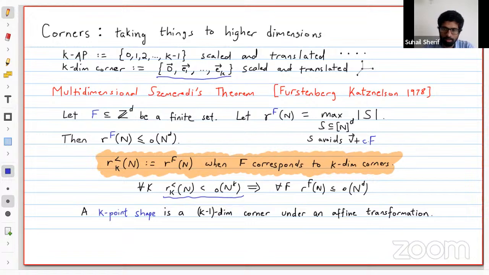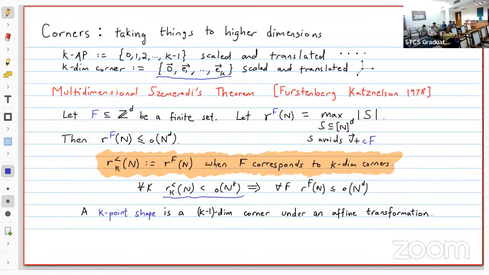If I proved that a particular set of a certain size has a corner, that means the linear transformation of that set, in the way that you just described, must have a term AP.